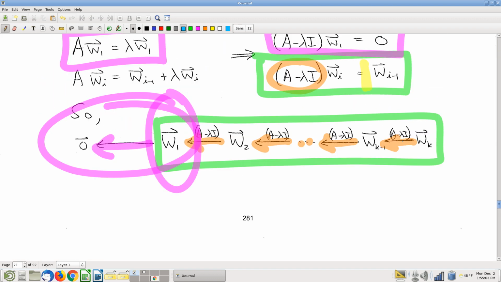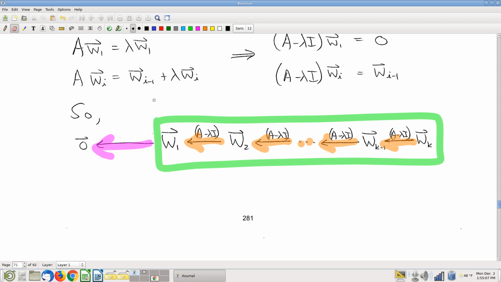Well, let's go over here to our diagram. A minus lambda I squared, whichever Jordan basis vector we're looking at, we're multiplying by A minus lambda I, and then we're multiplying by A minus lambda I again. So we're moving to the previous Jordan basis vector, and then to the previous one before that.